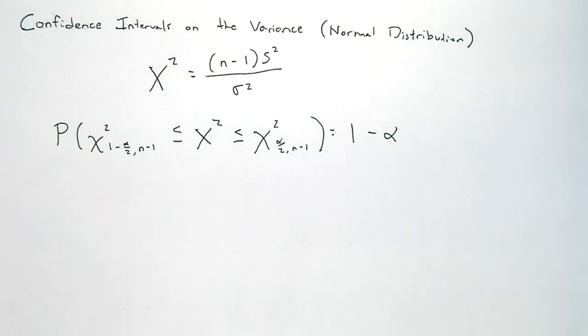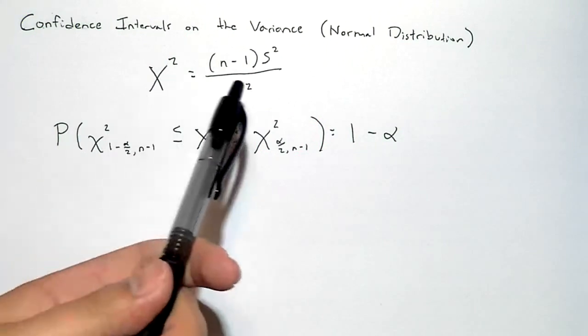That's why we have 1 minus alpha over 2 on one side, and that's why we have alpha over 2 on the other side. So let's keep that in mind, okay? The chi-square distribution is not symmetric, so our lower and upper intervals are going to be different, or the length of those intervals is going to be different.